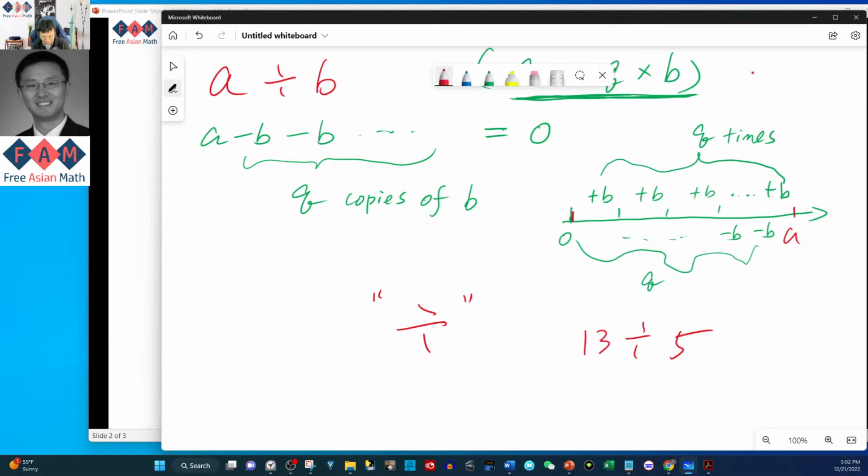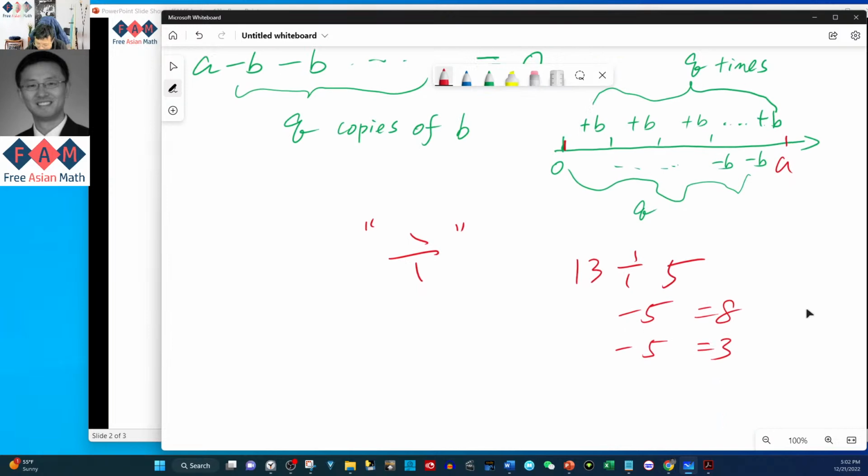Unless you try it, right? Subtract 5, we get 8. Subtract another 5, we get 3. Subtract another 5, we will get negative 2. We just crossed the origin 0. We will never get to that point 0. And a negative number pops up.